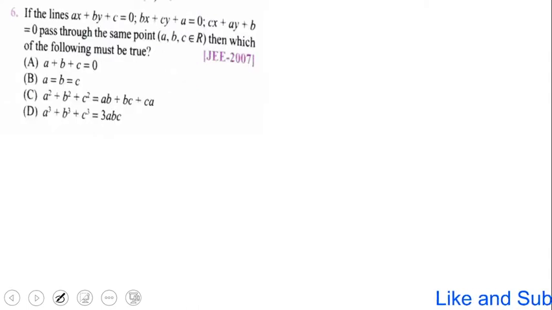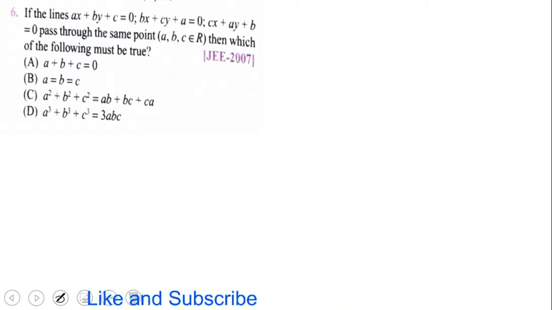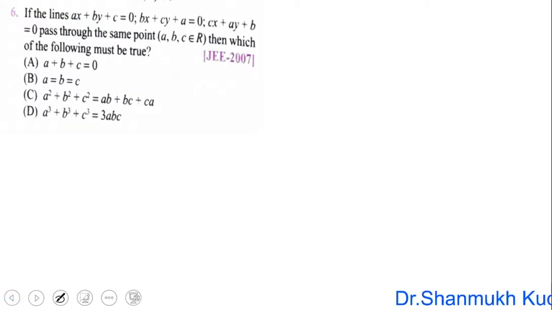Okay, we'll move to our next example. Example number 6. If the lines ax plus by plus c equal to 0, and the second and third lines, pass through the same point, which of the following must be true here? Which of the following will satisfy the relation, we have to calculate.